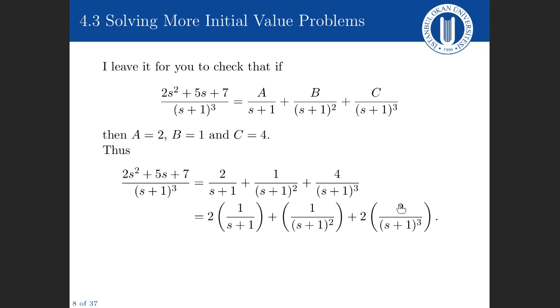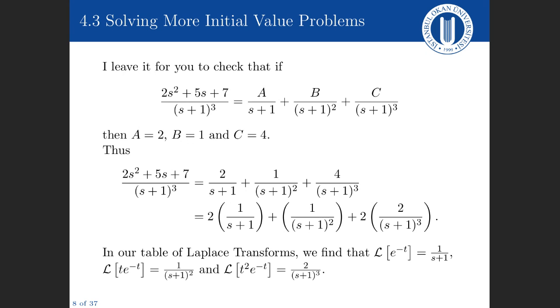And 4 over s plus 1 cubed is not on the table, 1 divided by s plus 1 cubed is not on the table, but 2 over s plus 1 cubed is on the table. So I take one factor of 2 out and I leave one factor in.